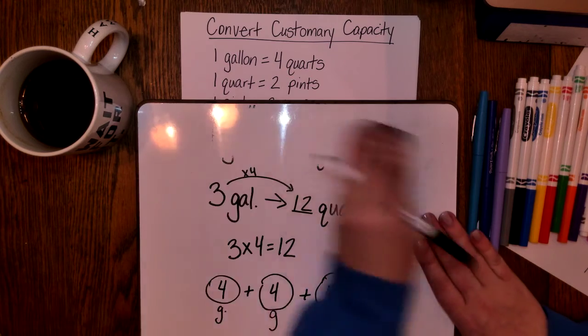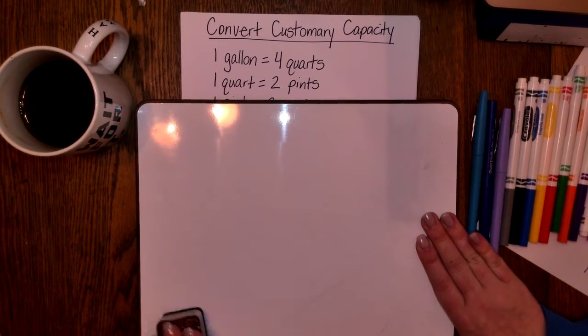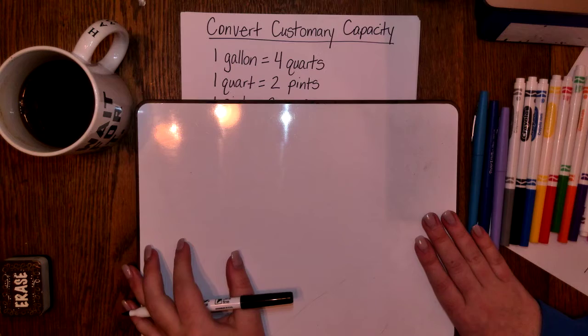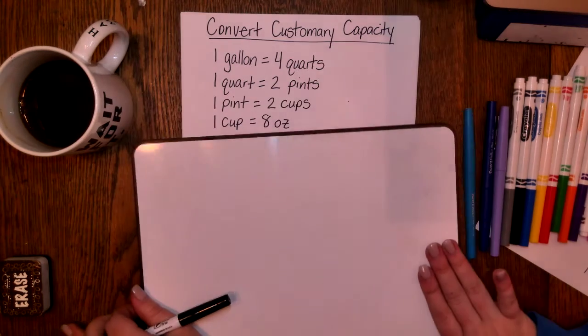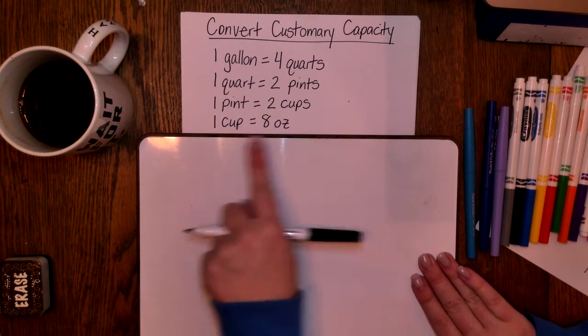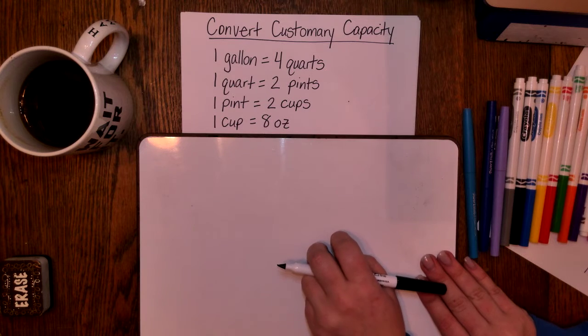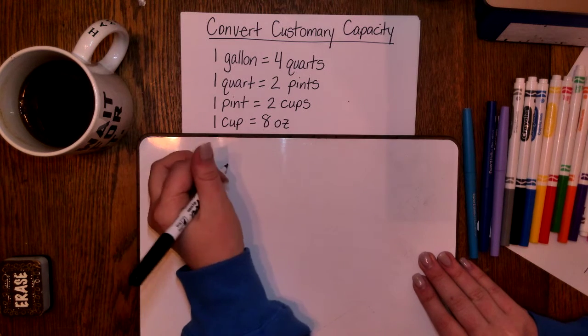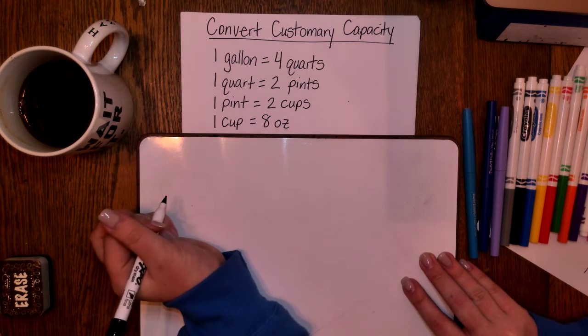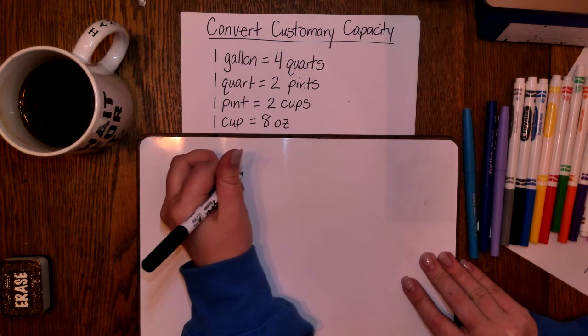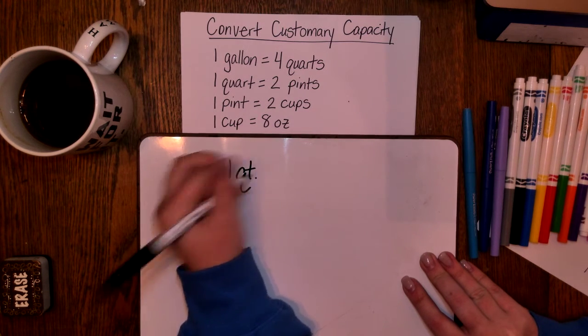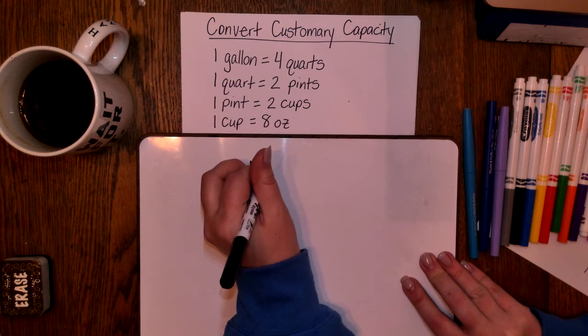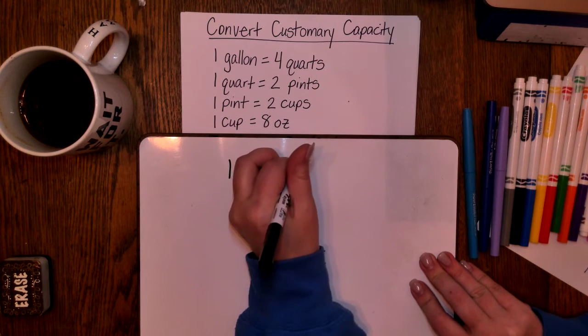Let's look at another one. This time, we're going to look at quarts and pints. So, I'm still using my chart up here to help me remember. I want to go from quarts to pints.